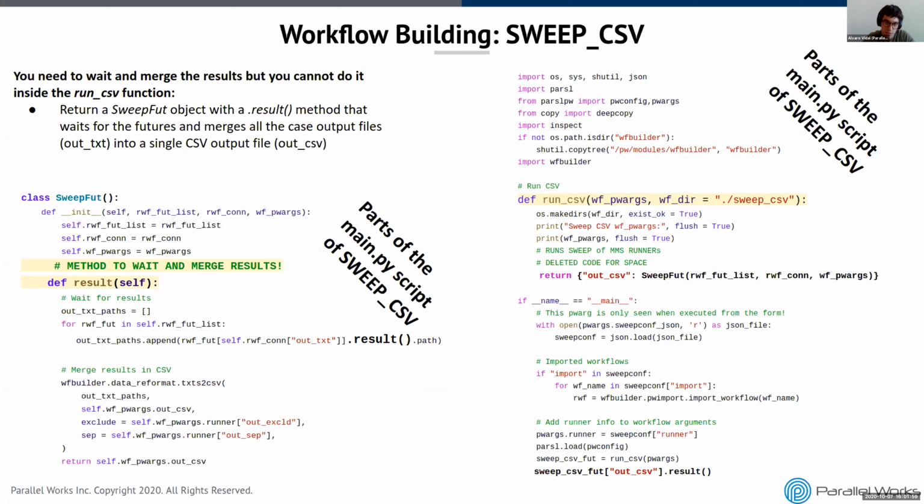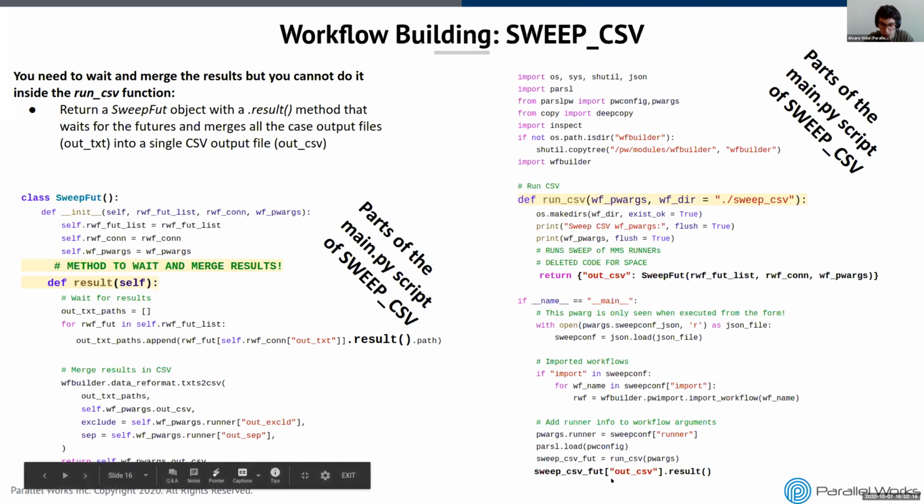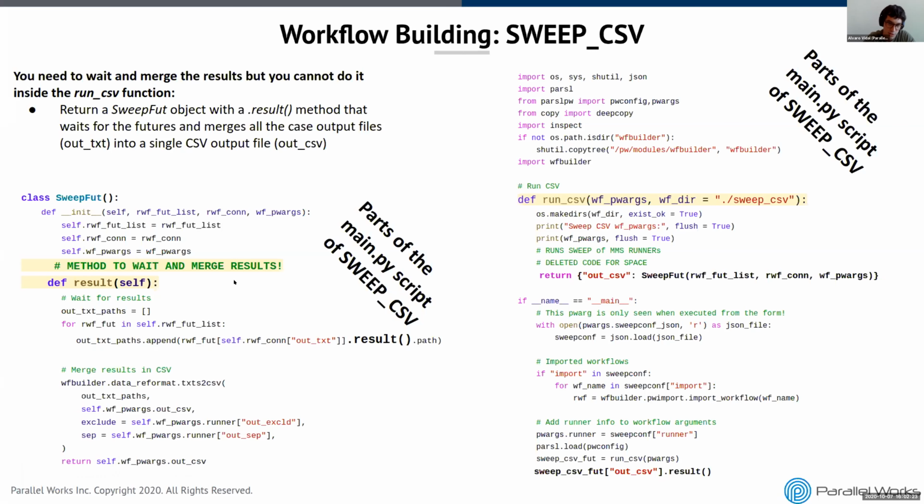So instead, what you're doing is returning this sweep future object, which has a result method that will wait for the futures and then merge them. So you can see that the run CSV function returns that future, and when the workflow is imported directly, and only then you wait for the results and merge them. And this way you can run a sweep of sweeps of sweeps without having to wait for the first one.